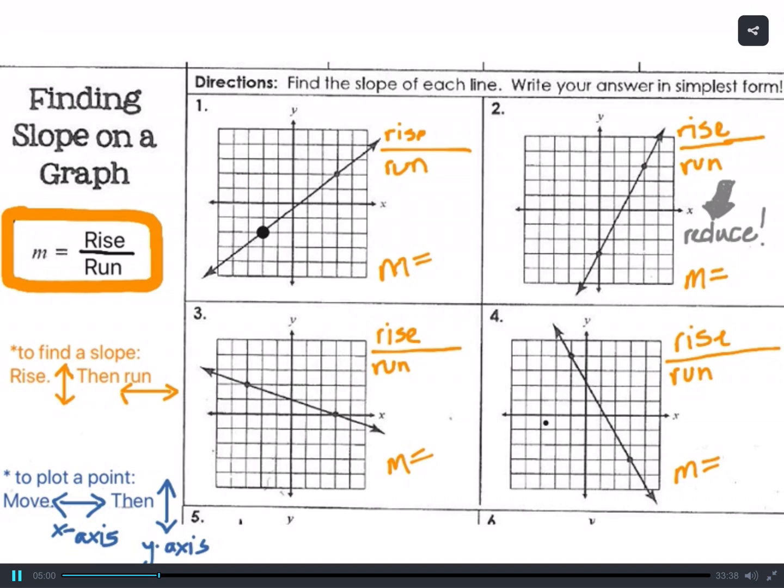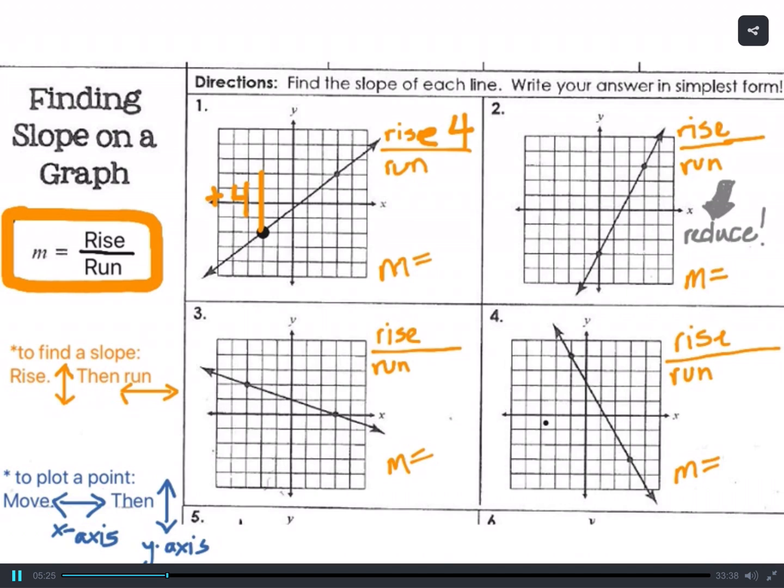Okay, I am going to start at that bottom point, and I am going to rise up. And it looks like I'm rising up 4 places. So rise 4. And then, since I went up, it's a positive 4. Okay.